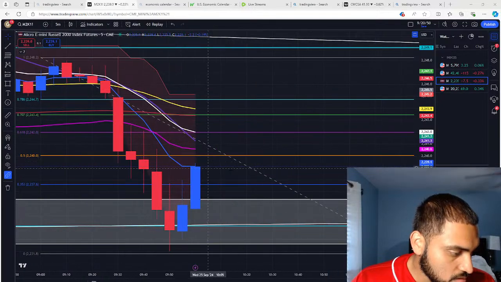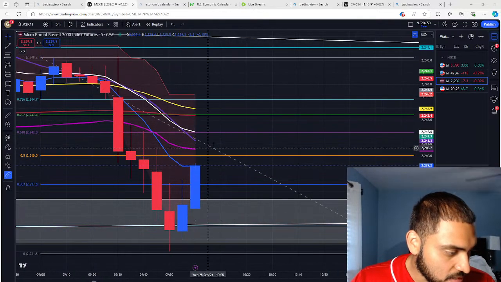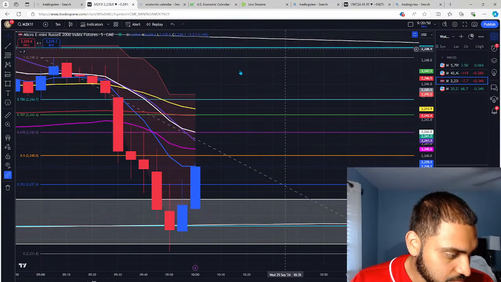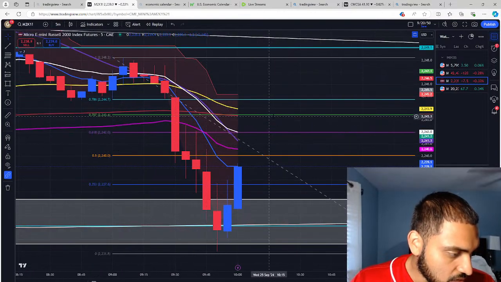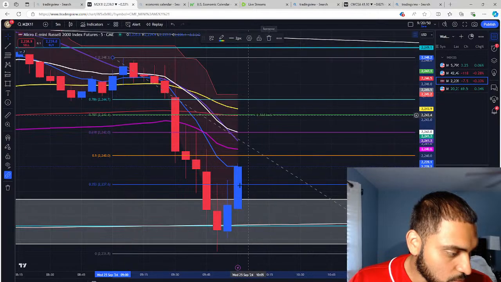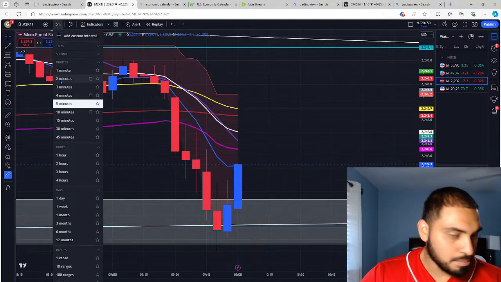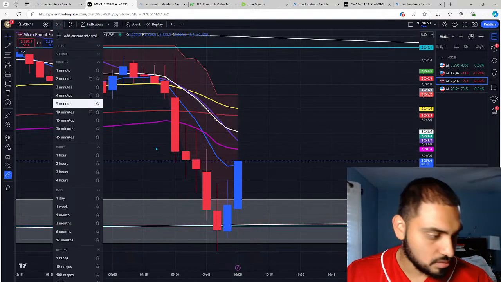Okay, so we're popping up on the 5 minute. A little bit of a pop, but trend is still down. Hopefully it can hit VWAP. Let me take that out, I don't need it anymore. I already know that the golden ratio is right around there. Hopefully it can hit VWAP and we can continue down.